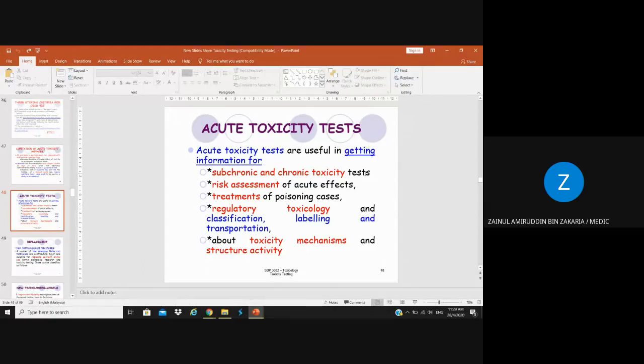And then for treatment of poisoning cases, for regulatory toxicology, and also to determine toxicity mechanisms, and for structure activity relationship studies. Okay, so that is the usage of data obtained from acute toxicity tests.